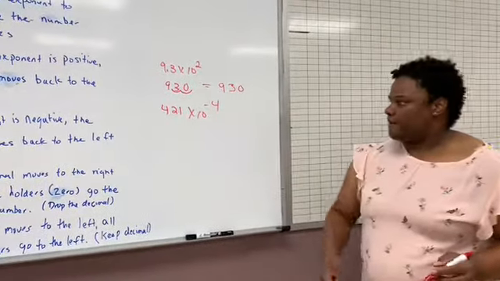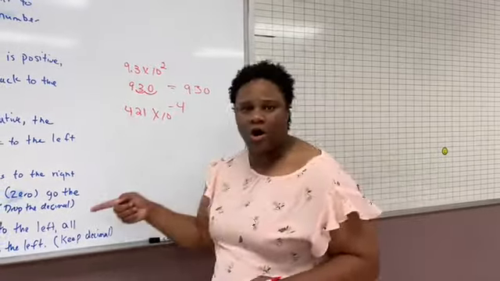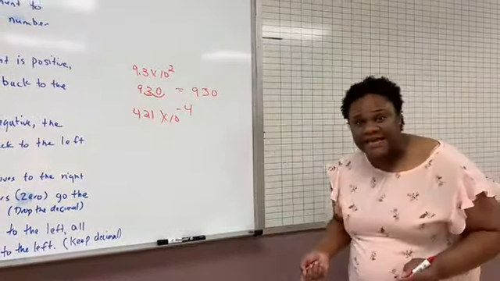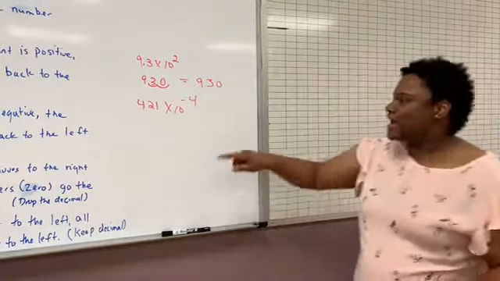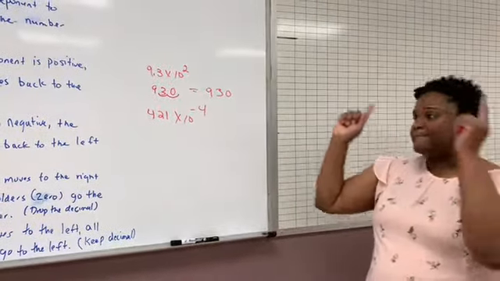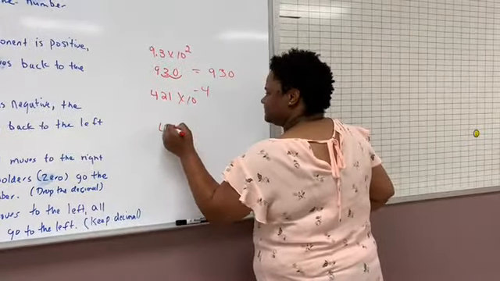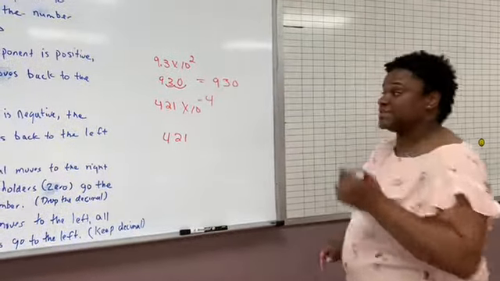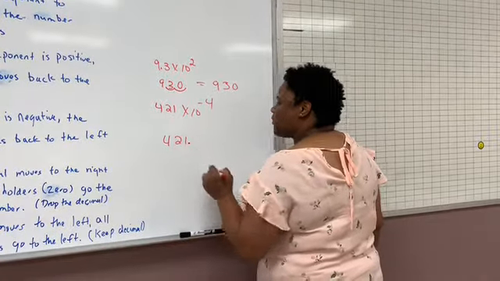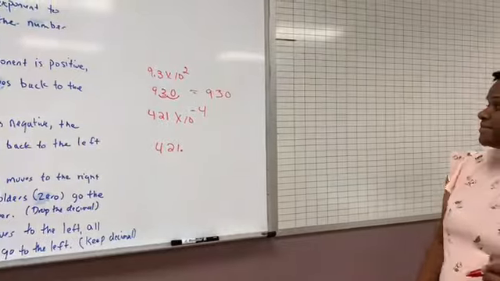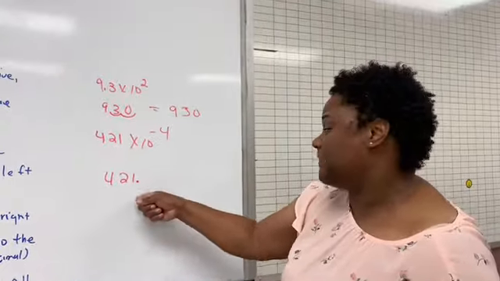Our next example, 421 times 10 to the negative 4. Our exponent is negative, so that means we're going back to the left. So we're going to go right here, and we're going to take the decimal behind the last number on the right, as we always do, because whenever we have numbers that look like this, we always imagine the decimal.